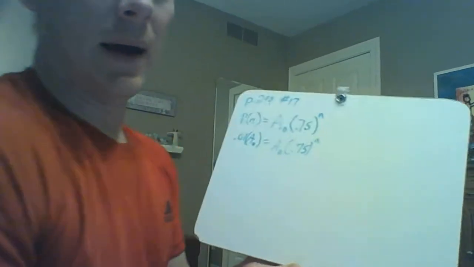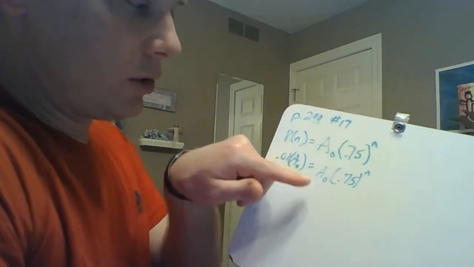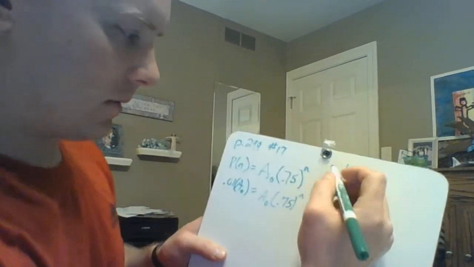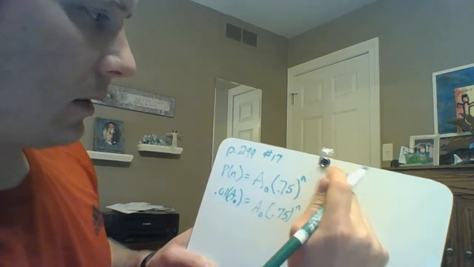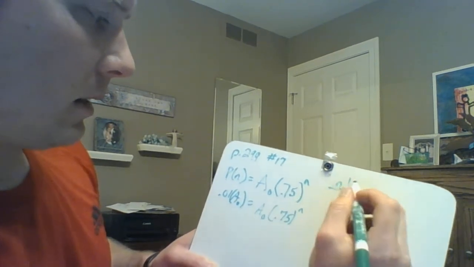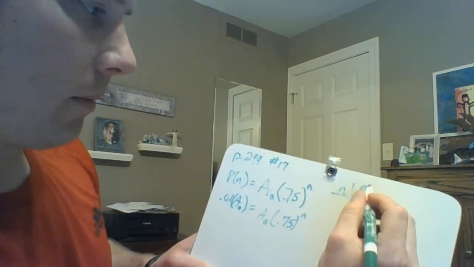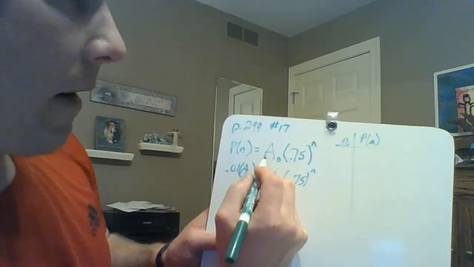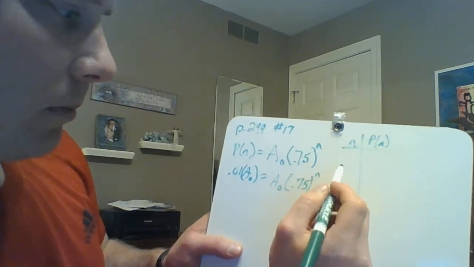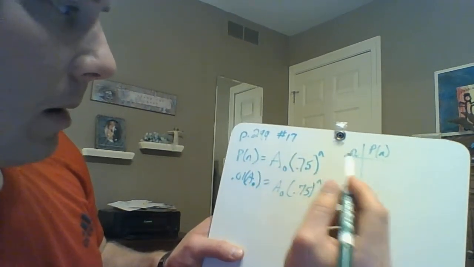Up till now, you would do this by probably making some kind of table, where this is n and this is your P of n. And maybe you picked out some random a sub 0, maybe it was like 100.